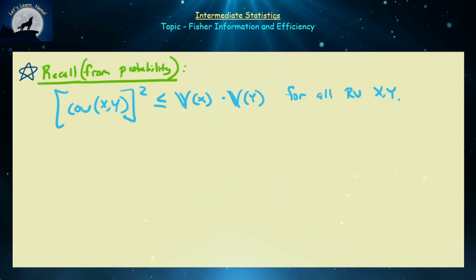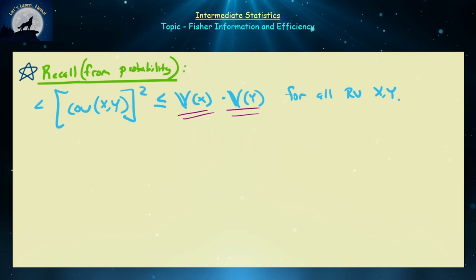Recall from probability theory that the square of the covariance between any 2 random variables, whether they be independent or dependent, is always less than or equal to the product of their 2 variances. Right? Now keep in mind the covariance can range from minus infinity to infinity. When you square it, it becomes from 0 to infinity, and the smallest value it can be is 0.